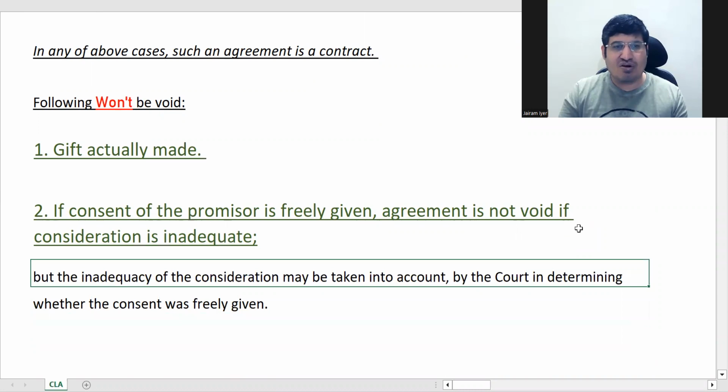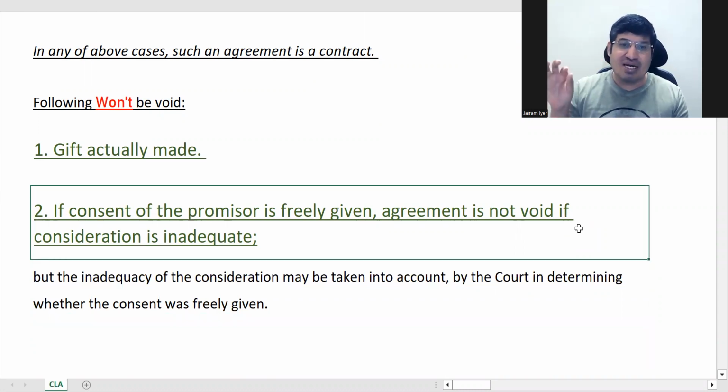Okay, an agreement is not void if the consideration is inadequate. So, less consideration doesn't make it void. Okay, so say I have a bike and the value is 1 lakh, you are my friend, I am giving it to you for 20,000. That doesn't make the contract void. So as per the Contract Act, inadequate consideration is okay.